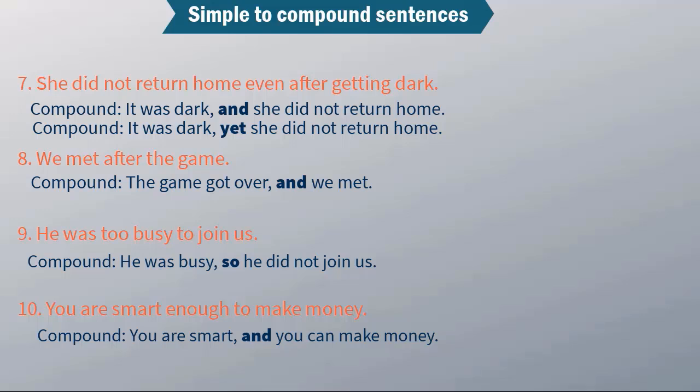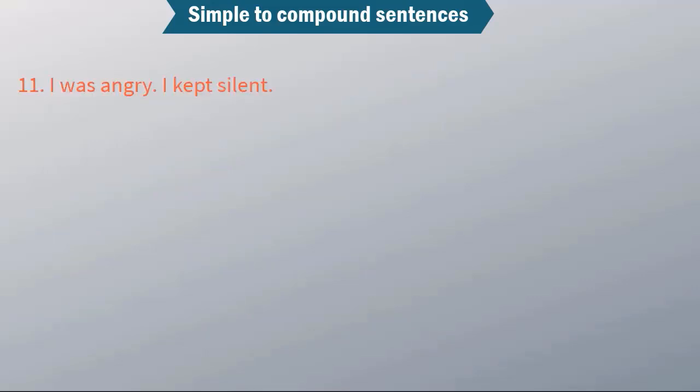Alright? You are smart enough to make money. Again, we have two pieces of information, and that's exactly what we are going to use to make this into a compound sentence. You are smart and you can make money. Simple. You can also change two simple sentences into one compound sentence.